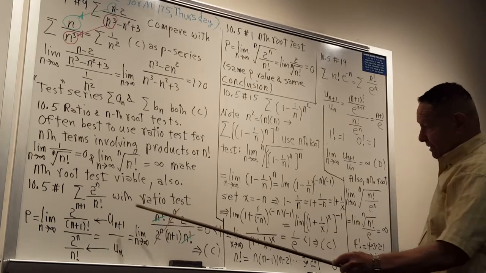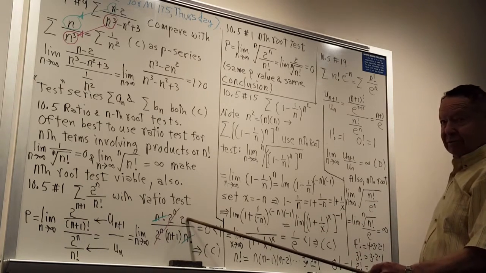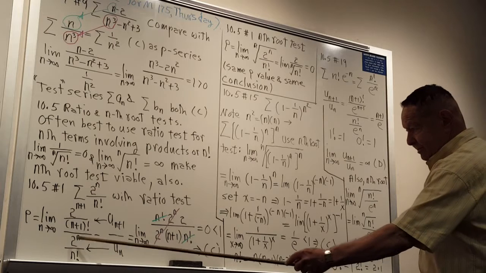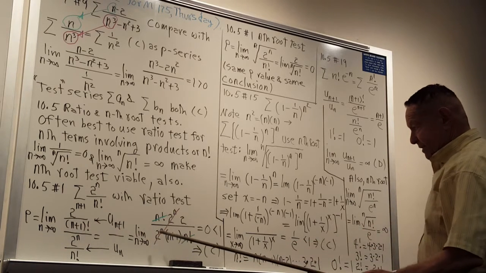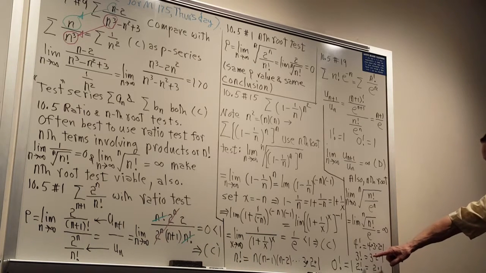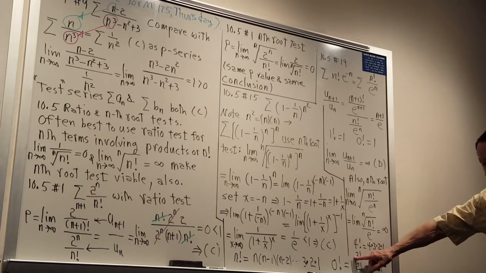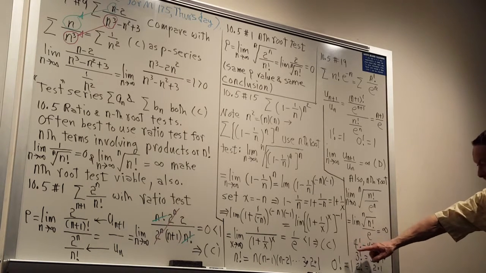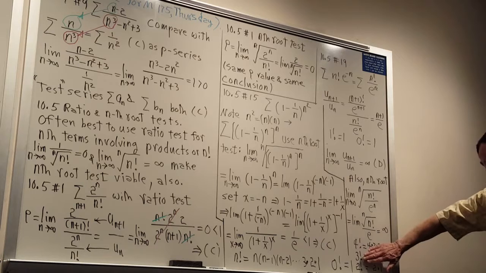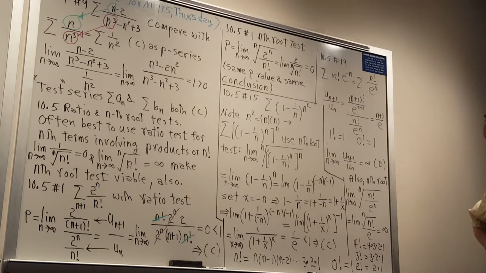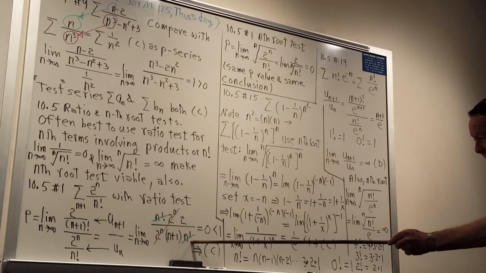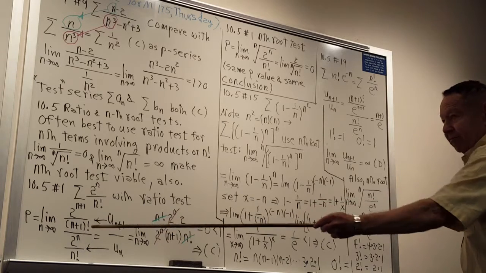The 2 to the n plus 1 is 2 to the n times 2, factor it. Then on the bottom you have the 2 to the n, that's this one, and then the n plus 1 factorial is n plus 1 times n factorial. See, for example, if n were 3, n plus 1 is 4, and 4 factorial is 4 times 3 times 2 times 1, which is 4 times 3 factorial. So it's a handy fact about factorials that n plus 1 times n factorial is n plus 1 factorial.